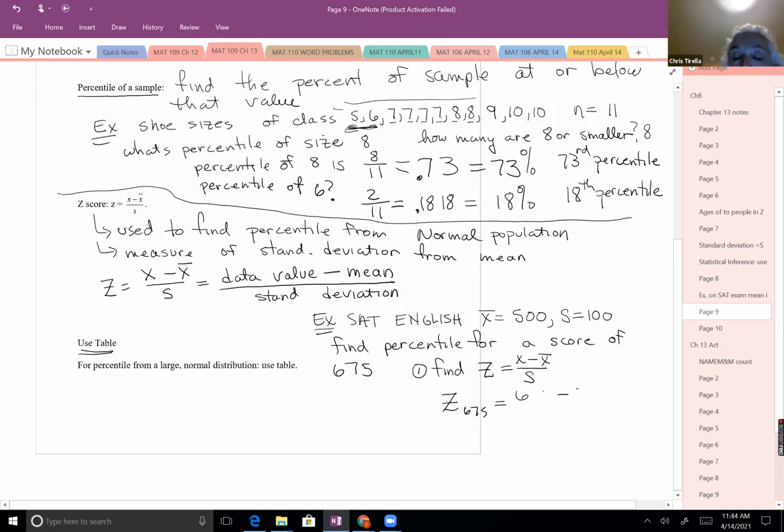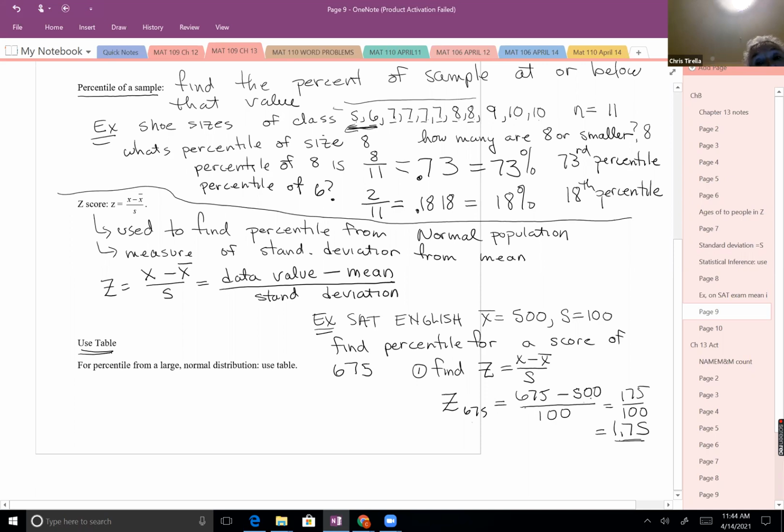Let's try that again. The z-score for 675 is the data value 675 minus the mean 500 divided by the standard deviation 100. So that would give me 175 divided by 100, which would be 1.75. And so my z-score is 1.75.